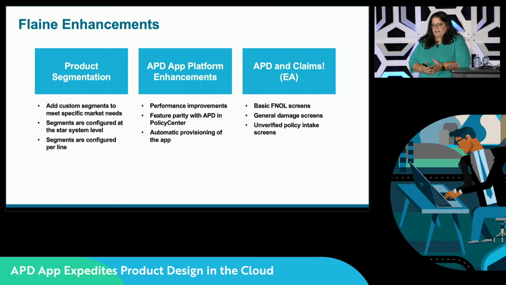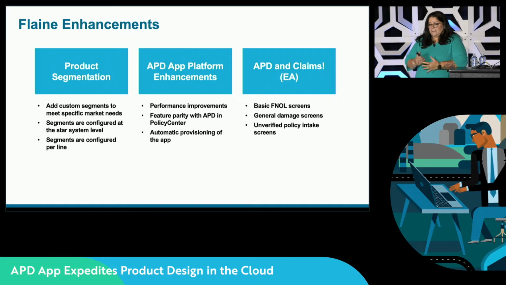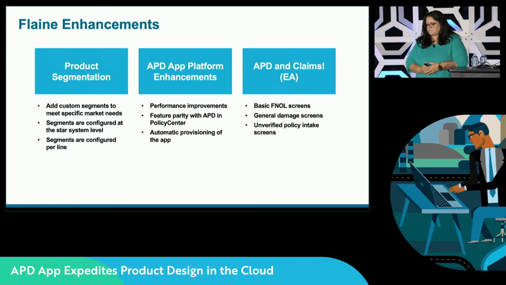The segments are created and they are stored at the star system level, which means you can reuse those segments over and over again in your insurance products, and in the future, even other services like rating or rules. But we're not forcing you to use those segments on each and every line. They're actually configured per line, so you can use them differently depending on what line of business you're talking about.